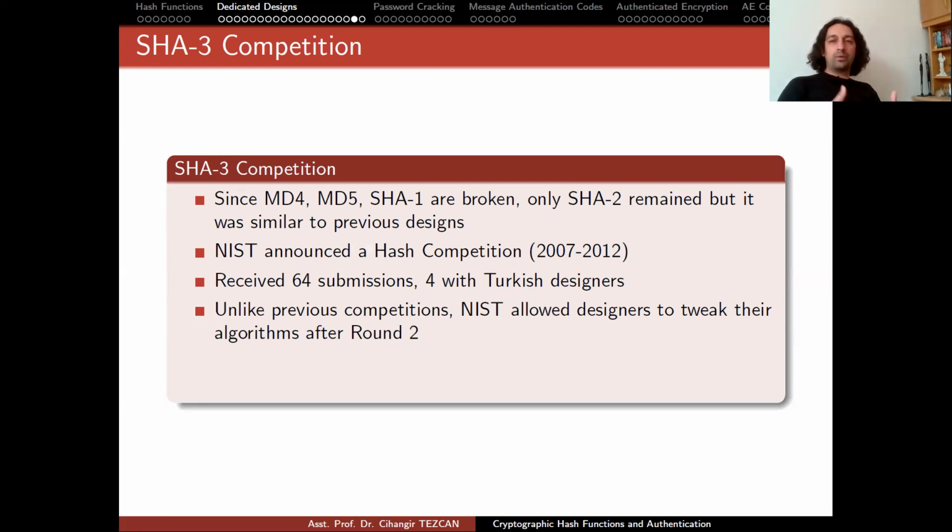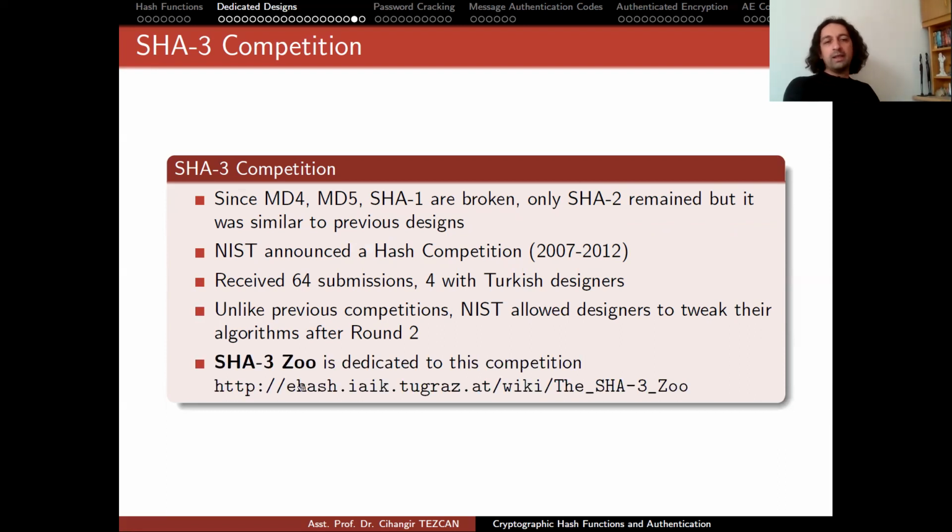So if you pass from round 1 to round 2, you can make very small modifications to your algorithms. This was somewhat important for the competition. So you can visit this webpage, SHA3, to look at all of these submissions and their security, which kind of attacks people found and so on.